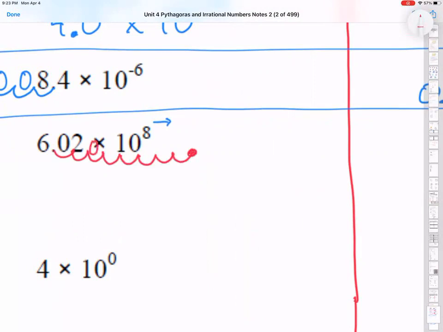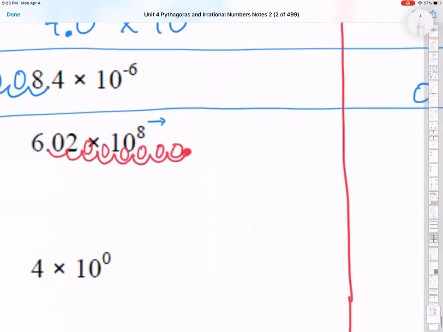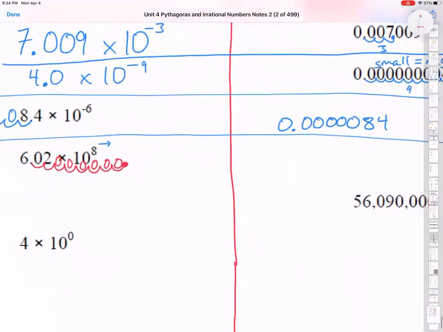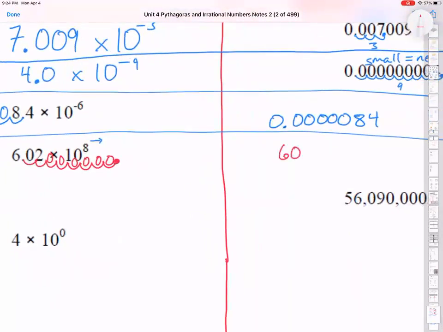And then again, we throw in those zeros where they belong. And so we end up then with 602, and then looks like 6 zeros afterwards. So 602 million.